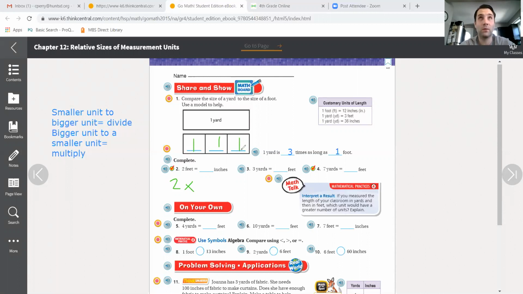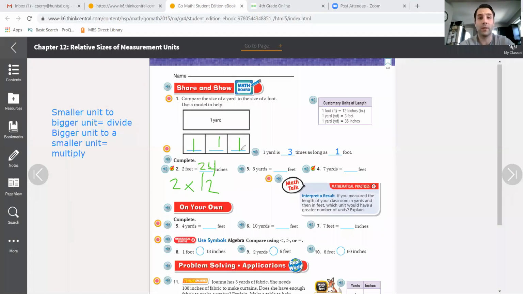So 12 times 2, anybody? Owen, what's 12 times 2? You got it, my man. It is 24. 24 inches. So 2 feet is the same as 24 inches. 24 inches is the same as 2 feet.